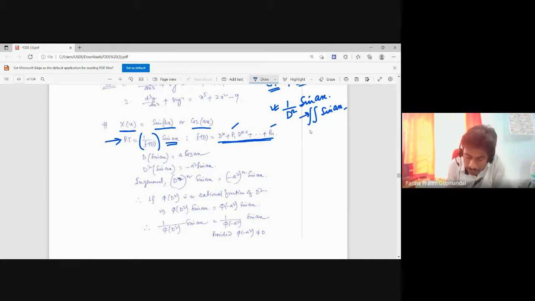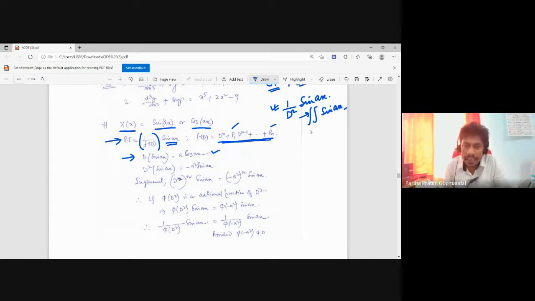Let us follow these steps. Let's say you operate D on sine ax. D is the differential operator with respect to x. You can easily find D of sine ax is a cos ax. Likewise, D square of sine ax is minus a square sine ax.